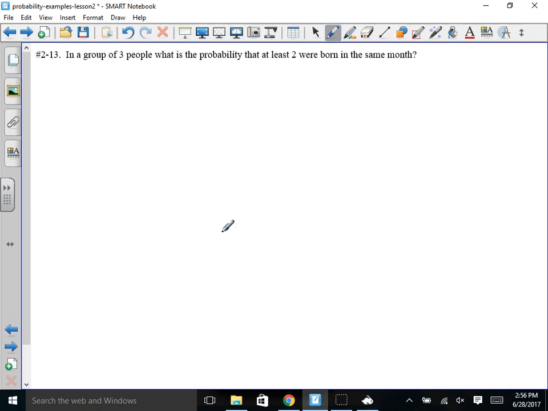Okay, so the first thing is, whenever you see the word at least, you should at least consider whether it's easier to find the probability of this or to find the probability of the complement of what we're finding, right? So we're trying to find the probability that 2 people of 3 have the same birth month. Okay, so the complement of that probability is equal to 1 minus whatever the opposite of that is.